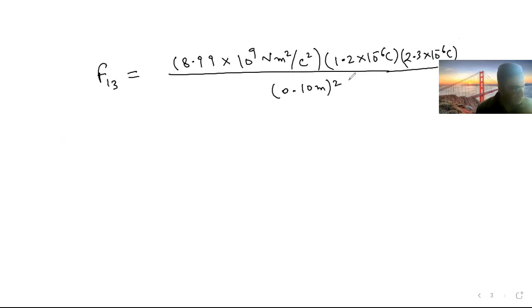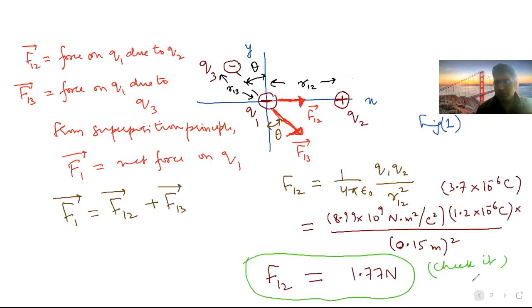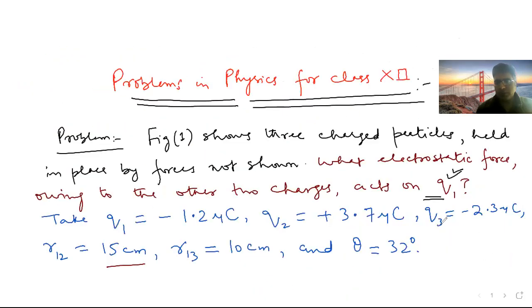You can check it. Q1 is 1.2 microcoulomb, Q3 is 2.3 microcoulomb, and the distance between 1 and 3 is 10 centimeter, which is 0.10 meter.